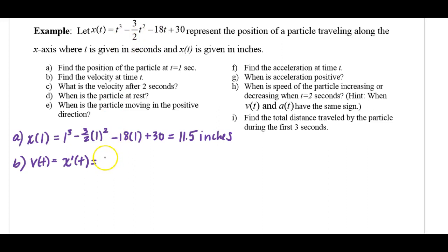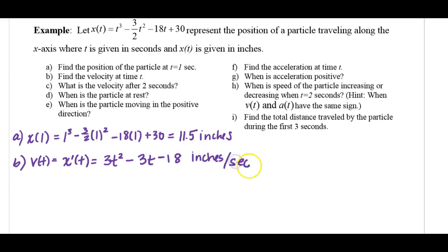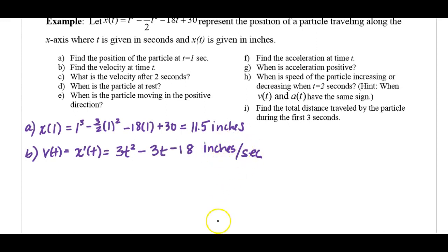So x prime of t is 3t squared minus 3t, when I bring that 2 to the front, it'll cancel with the 2 on the bottom, minus 18. So there's my velocity function, and I should include units. So my velocity is a rate. So the rate is going to be in inches per second. So this quantity over the time.